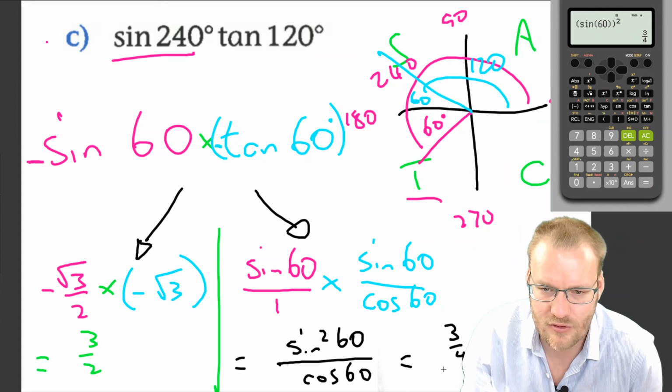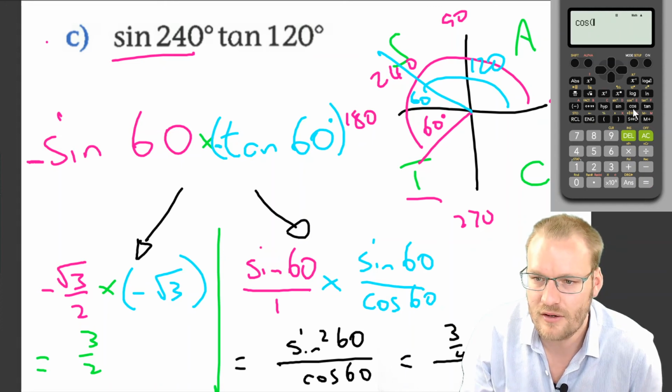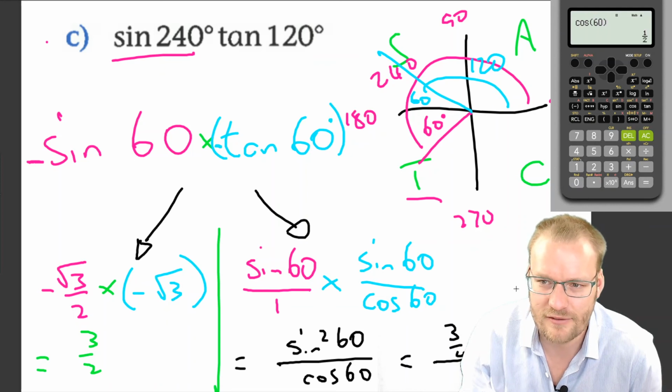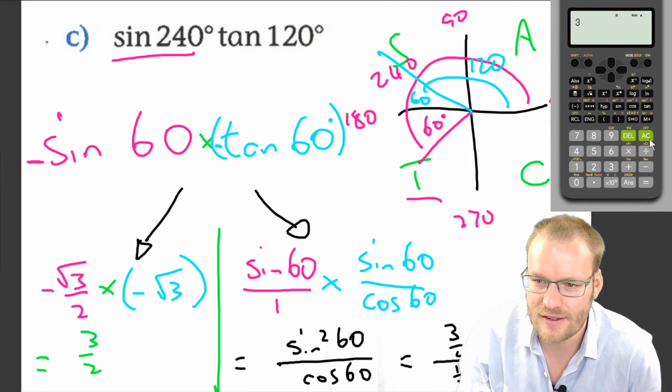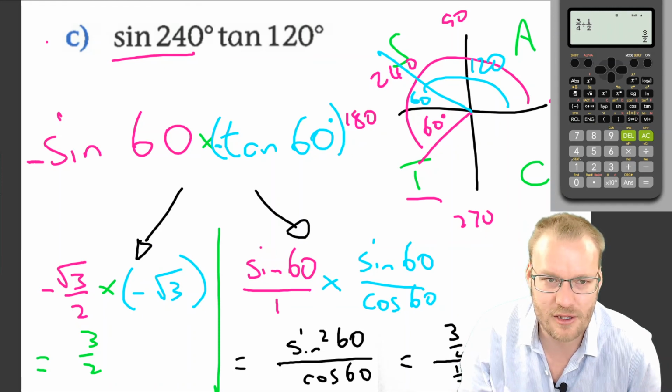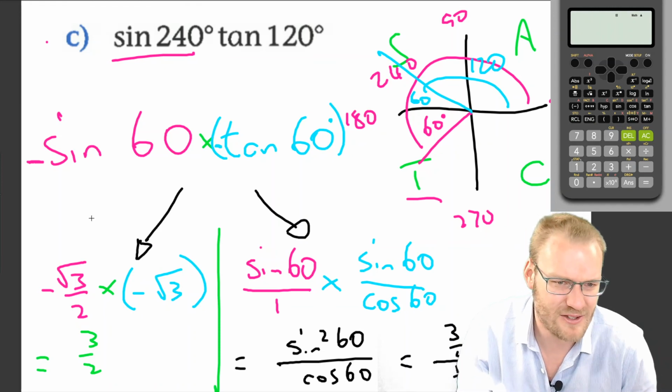So 3 over 4 over cos of 60. If you've gotten this far, you're thinking, why did we go for this option? And I'm with you. It didn't help us at all. 3/4 divided by a half gives us 3 over 2. Same answer.